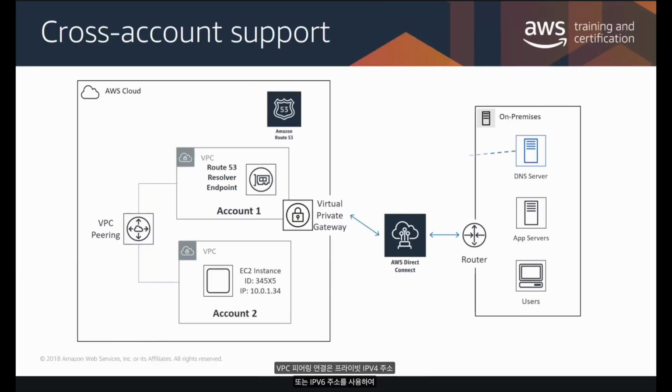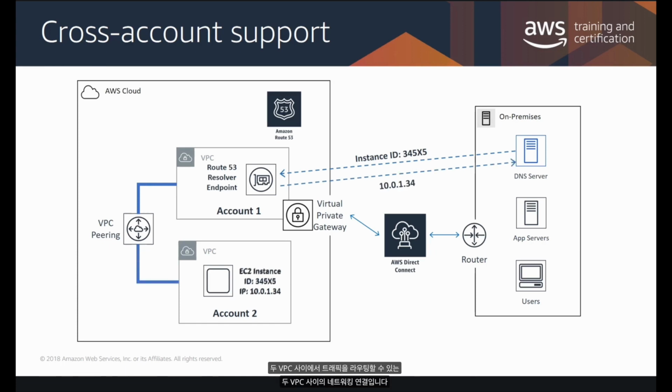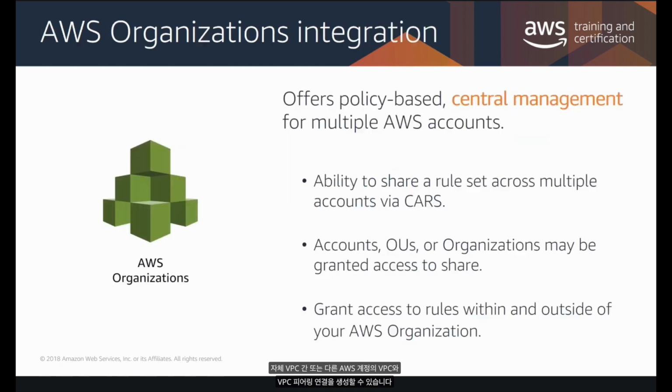A VPC peering connection is a networking connection between two VPCs that enables you to route traffic between them using private IPv4 addresses or IPv6 addresses. You can create a VPC peering connection between your own VPCs or with a VPC in another AWS account.